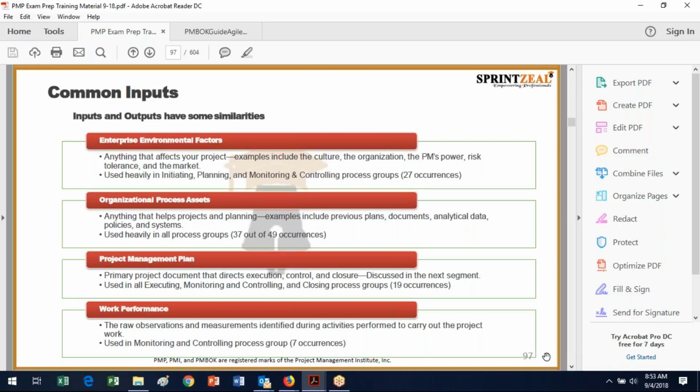And then work performance, and remember we talked about the 3 phases of work performance, that you start out with the raw data, and then you work that data through some analysis and it becomes information, and then the information is organized into a report of various levels of information to the various levels of management. So those are some common inputs that lots of the processes have.